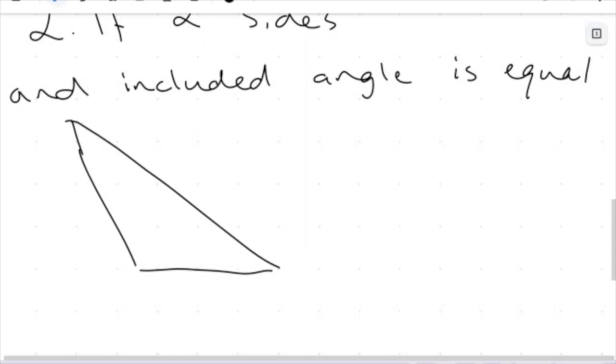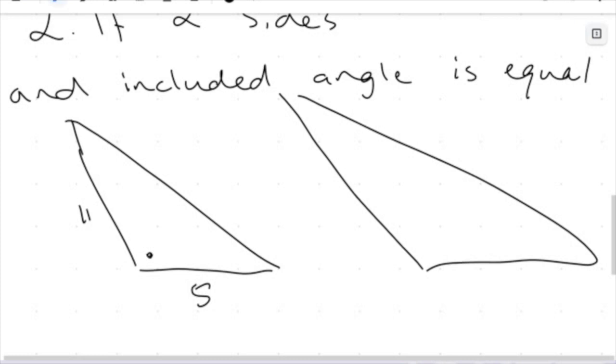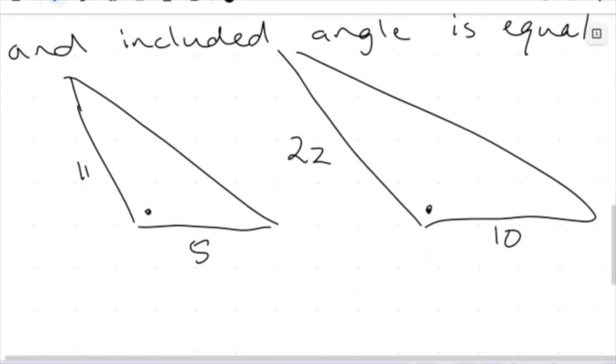So the tests for similarity go a little bit differently from the congruence we did before. Just to show you how we can check for this, we'll talk about proofs a little bit later as well.